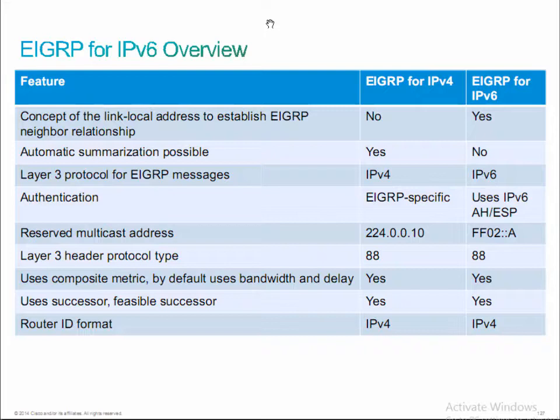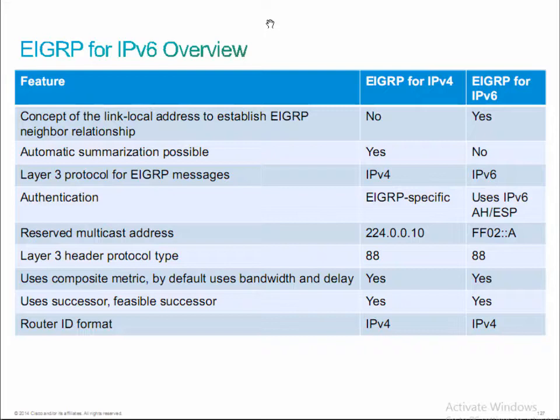However, they do exist in IPv6, and that's how our neighbor adjacencies are formed in EIGRP for IPv6. Remember, link local addresses play a significant role in how we manage relationships, the routing table, how databases are managed, and so on. And we're going to see that in this discovery here.